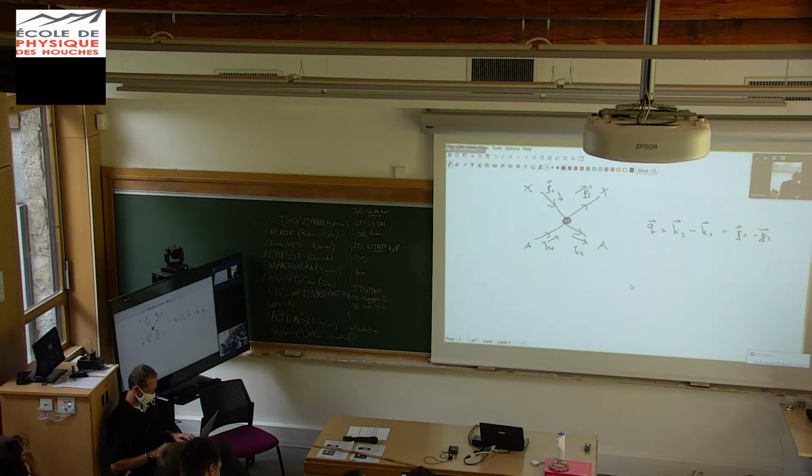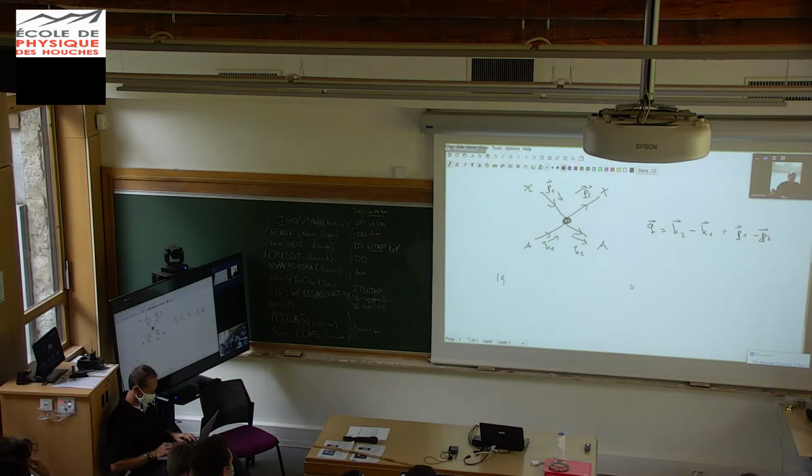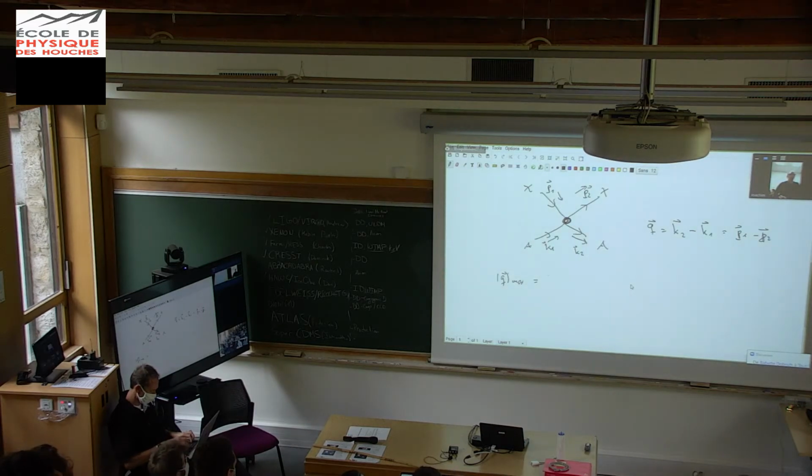Now we can estimate the maximum momentum transfer, Q max. That's a simple exercise in kinematics. I'm not doing the exercise here, but there's a little calculation of how this is done in the lecture notes that you all have, hopefully. The maximum momentum transfer, when the dark matter hits the nucleus head on, is given by 2 times the reduced mass of the system divided by m dark matter, times the initial momentum.